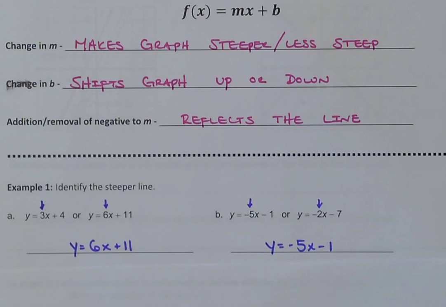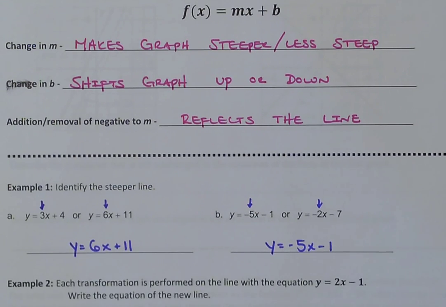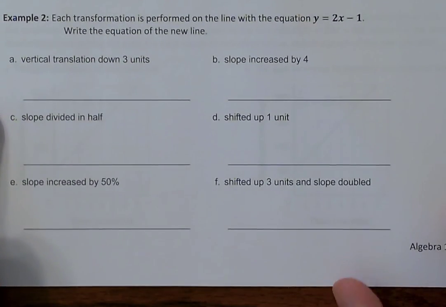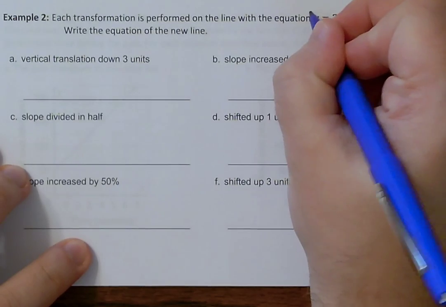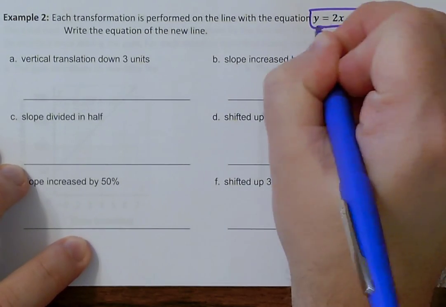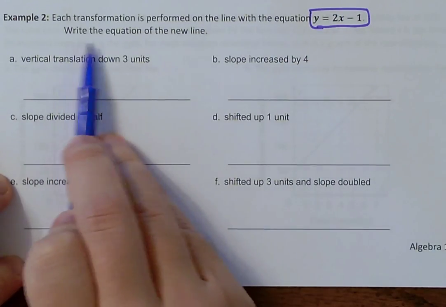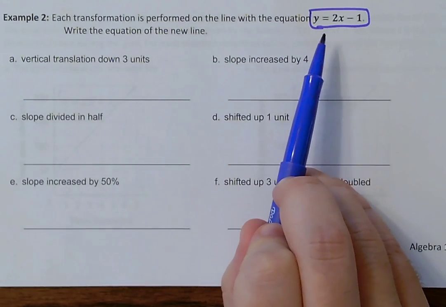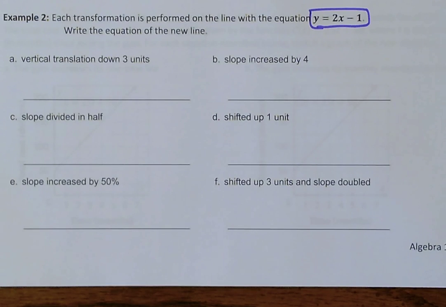Okay, so example 2 is going to ask us to go through, and each transformation is performed on the line with the equation y equals 2x minus 1, and we need to write the equation of the new line. So they give us our starting point that the equation of a line is y equals 2x minus 1.